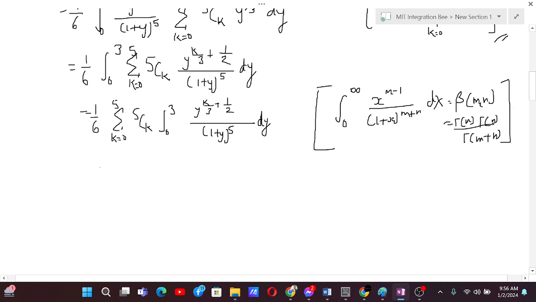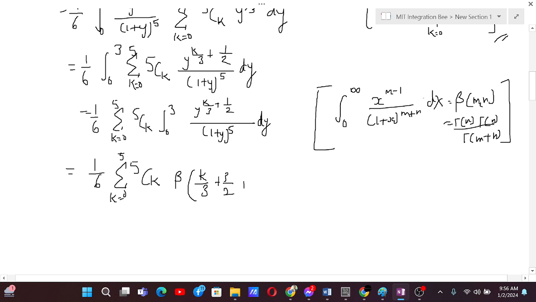Now for this thing, we will have 1 by 6 sum from k equals 0 to 5, 5 c k. Now since it's k by 3 plus 3 by 2 minus 1, so beta of k by 3 plus 3 by 2.